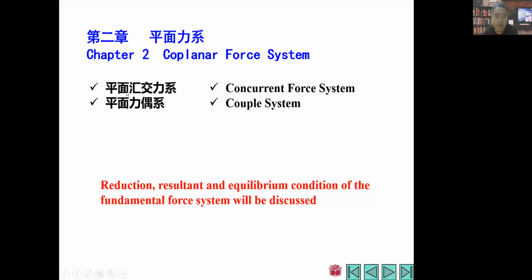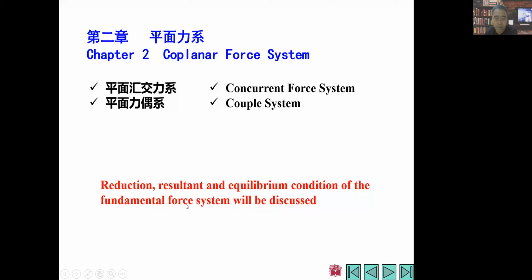In China, we call that 平面汇交力系. That means in this force system, we have a lot of forces acting on the same plane, and all these forces intersect at a common point. This is a very simple force system: we will talk about its reduction, resultant and equilibrium condition.